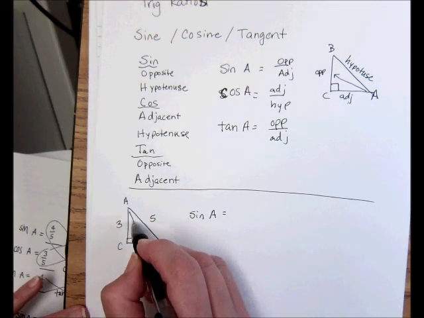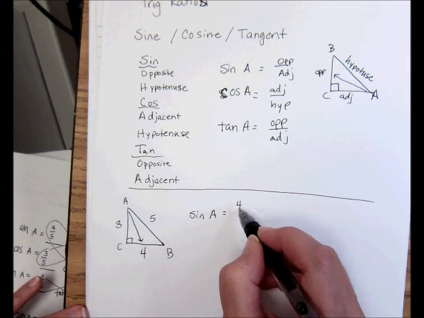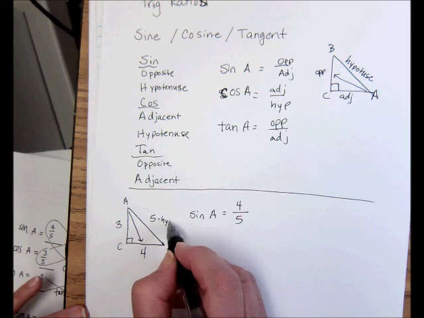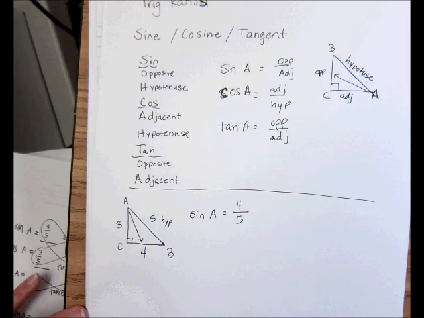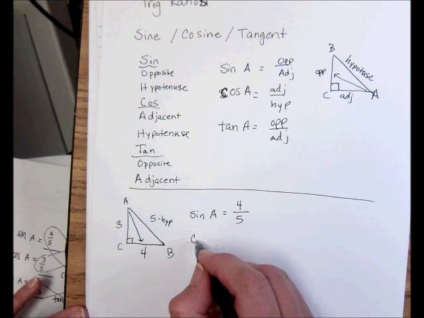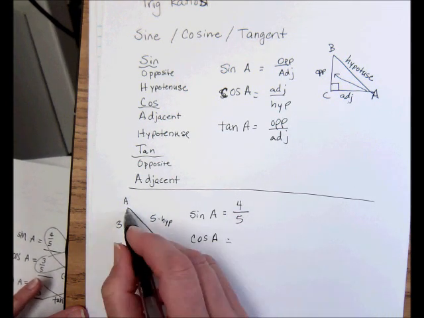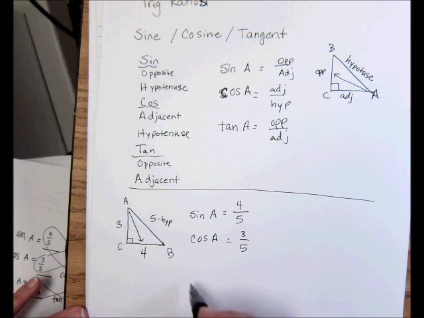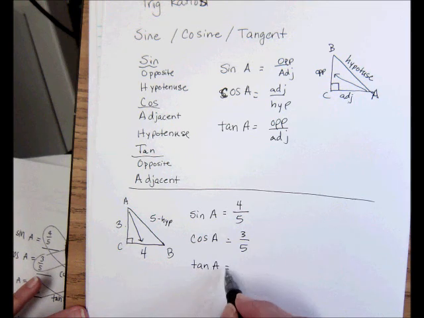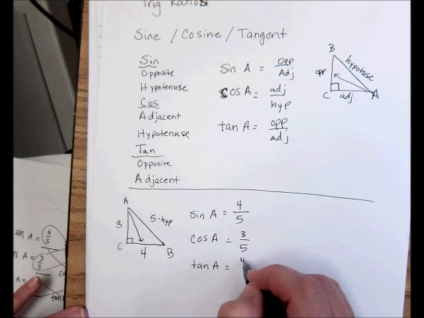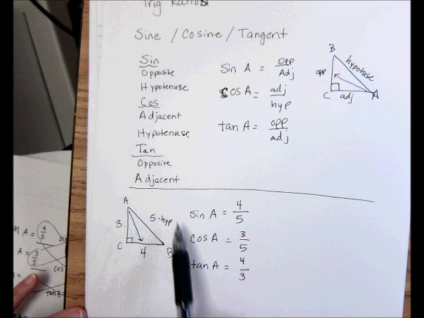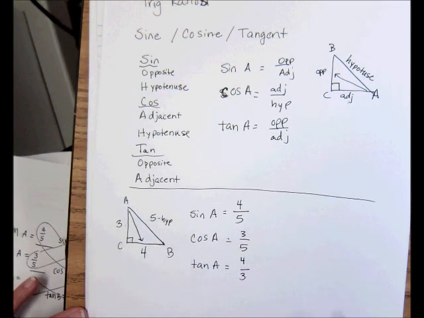So sine A is the side length opposite over the hypotenuse, which is the hypotenuse in this case, and in the other case too, of angle B and C. Then cosine of A is the side adjacent, so that side length would be 3 over 5. And then tangent of A is opposite, which the side length of that is 4, over the adjacent side length, which is 3. So these are my ratios given this right triangle and talking about angle A.